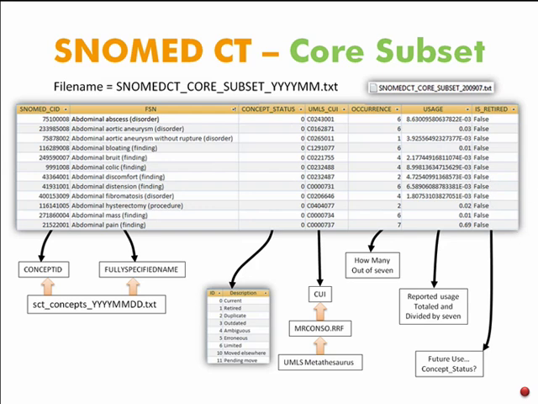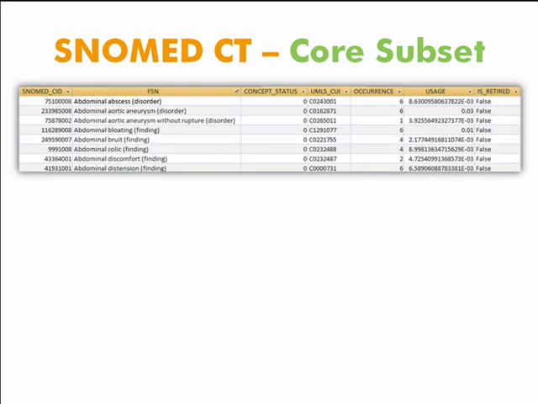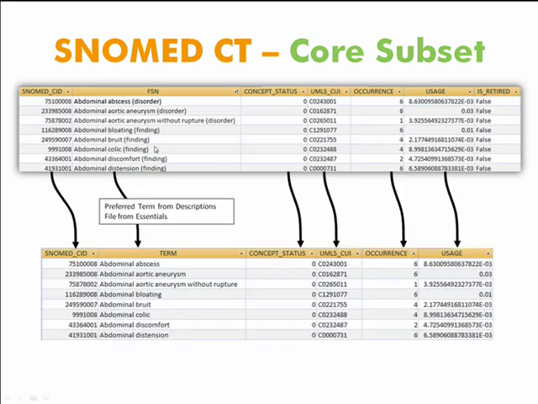One of the things I did with the core subset, because I wanted to play around with it, was I actually took the core subset data and transformed it a little bit. I swapped out the fully specified name with the term from my essentials description data. I pulled everything else through and I ditched the is retired flag because it was always false. If you want to learn how to do that, it's pretty straightforward.